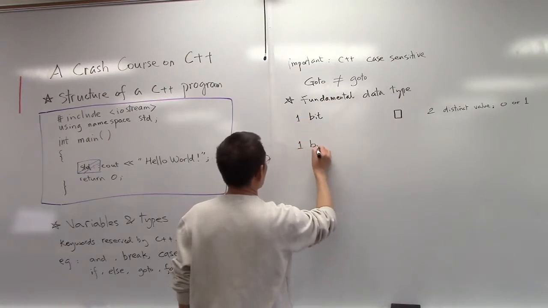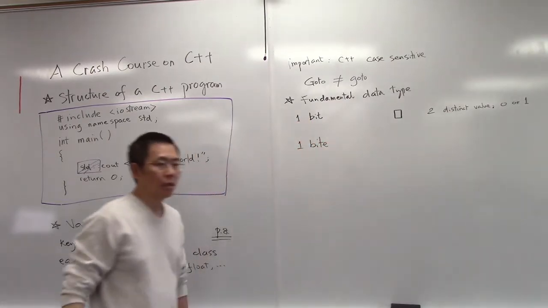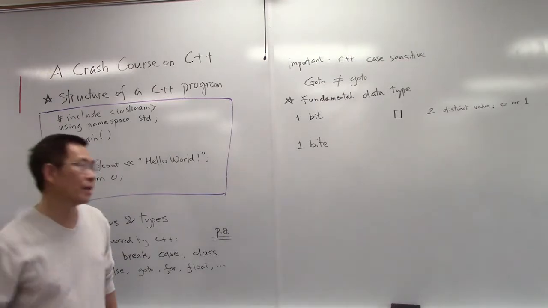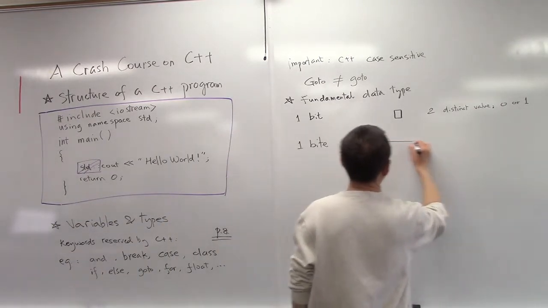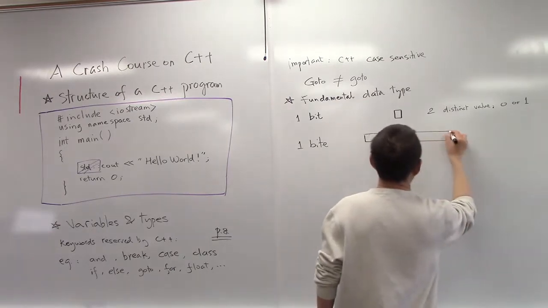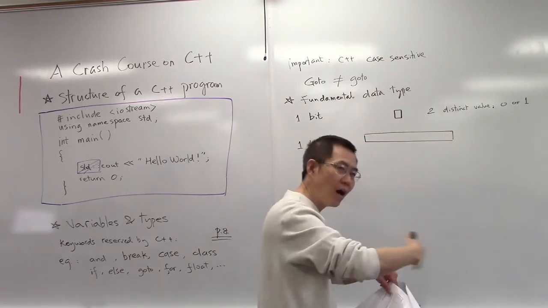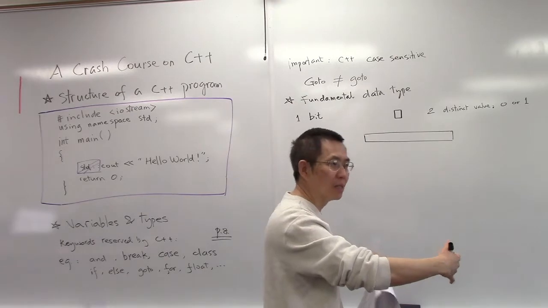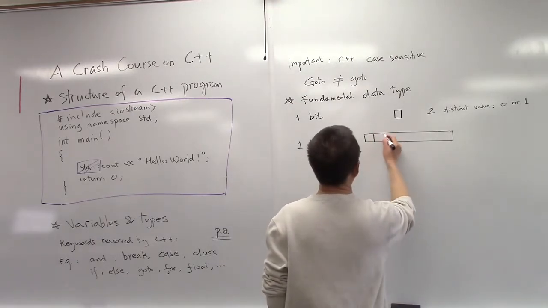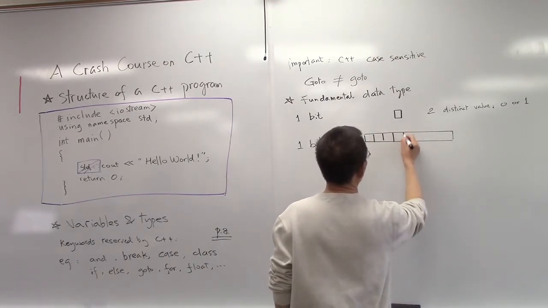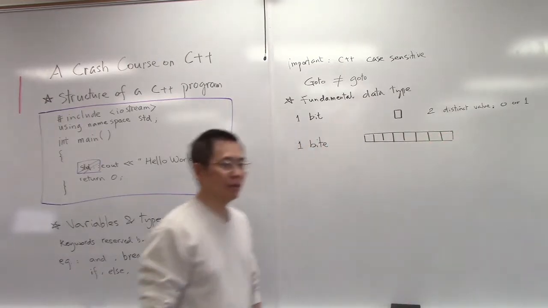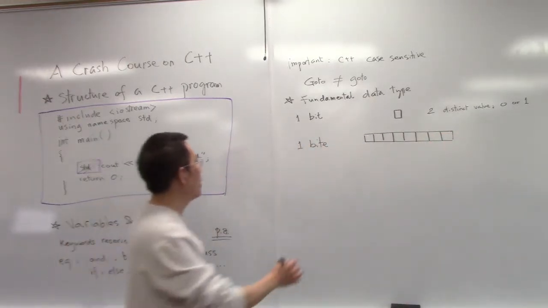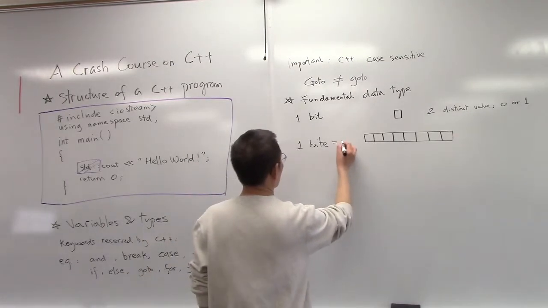1 byte is equal to 8 bits. So now, if you declare something as 1 byte, the compiler will block out 8 bits in the memory space for it. Like 1, 2, 3, 4, 5, 6, 7, 8.